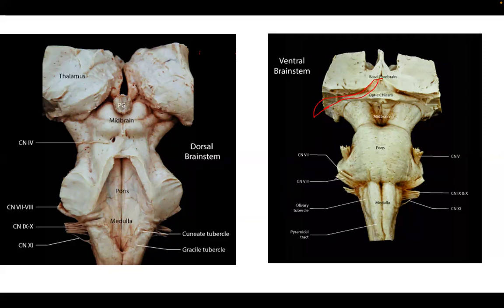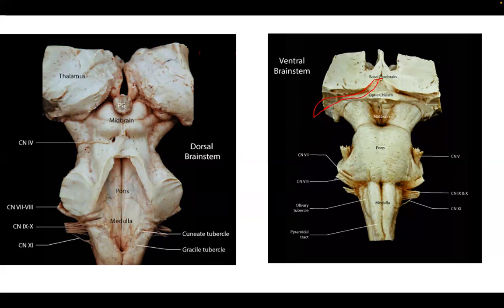The midbrain serves as the initial part, the more proximal part of the brainstem. And it has two parts, or some say three, basically two, the anterior and the posterior part. Anterior is usually referred to as the tegmentum. The posterior is usually referred to as the tectum.